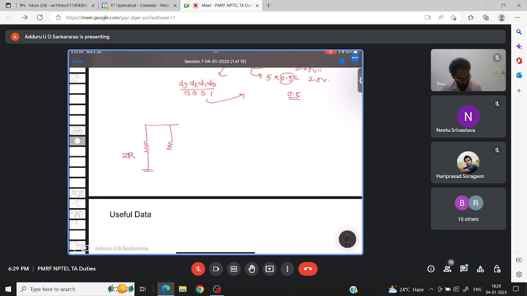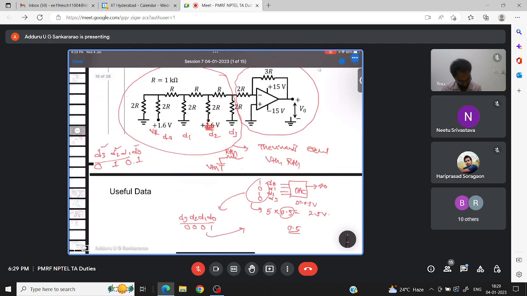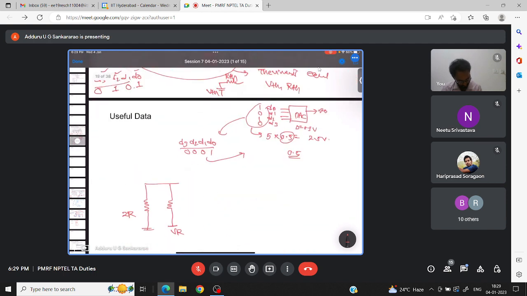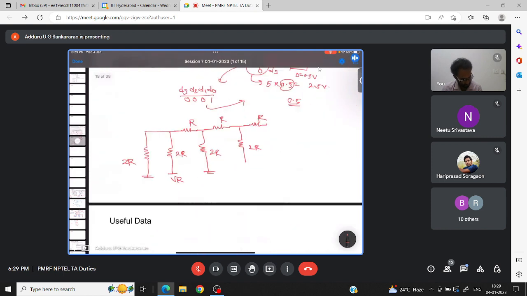So this is our VR, and from here this is 2R, this is R, again this is 2R connected to ground, R, again this is 2R, this is R, and up to here this is connected to ground.